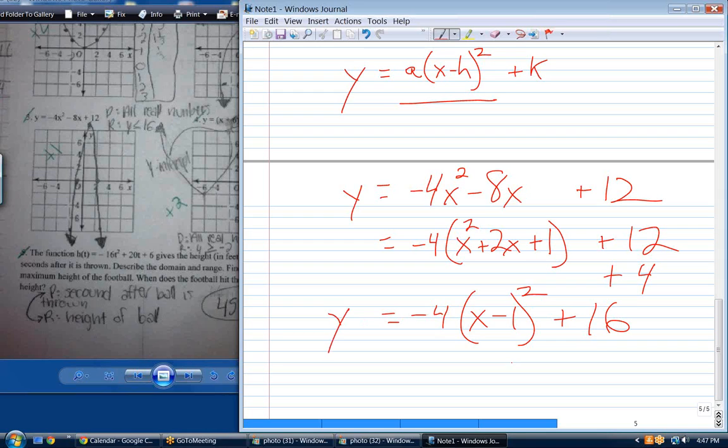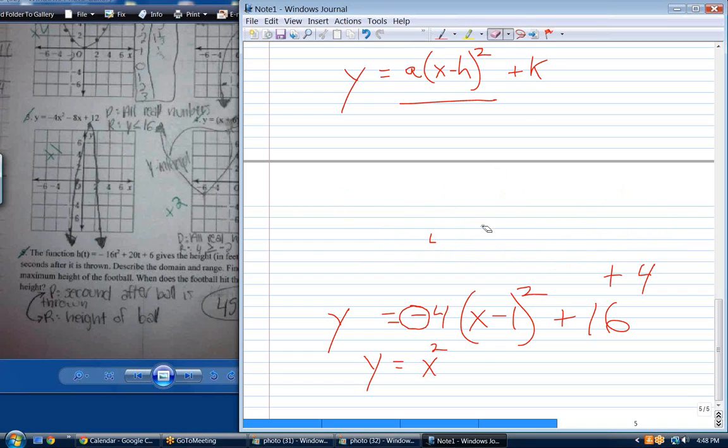So now when I compare this with y equal x squared, let's look at the 4 things we've got going on. First of all, what's the consequences of that negative sign? I don't remember. It's reflection across the x-axis. Oh, yeah.